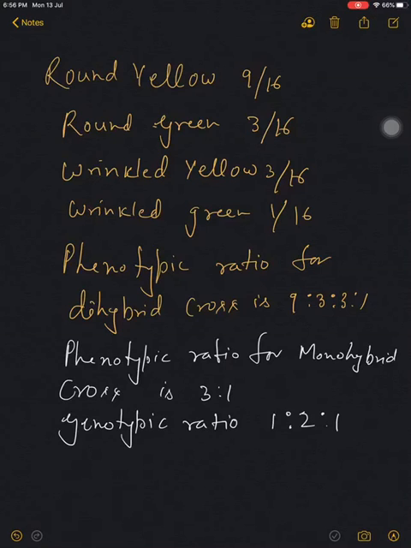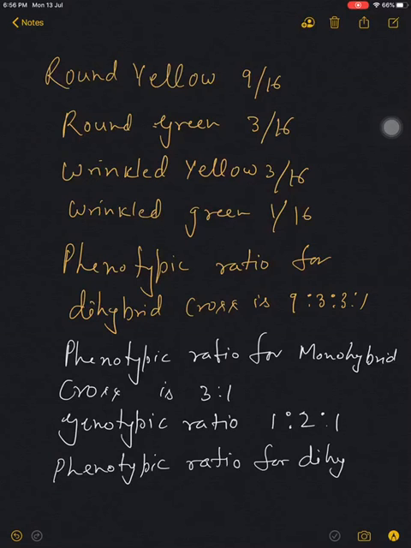So how will you find out phenotypic ratio for dihybrid cross? This is very simple, that 3:1 raised to power n, where n is actually number of trait.